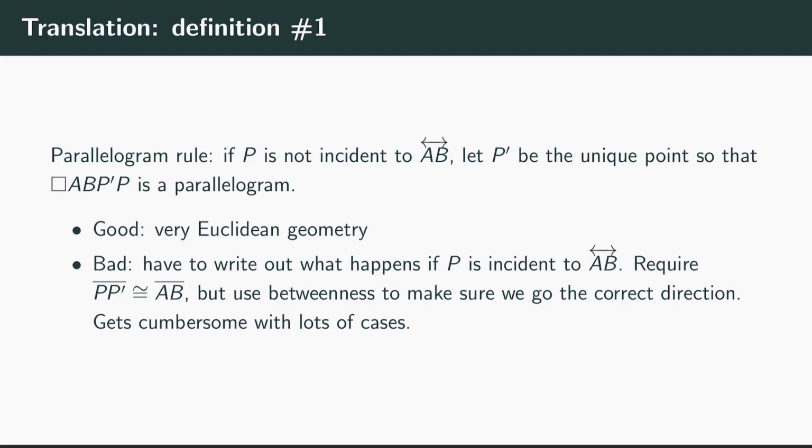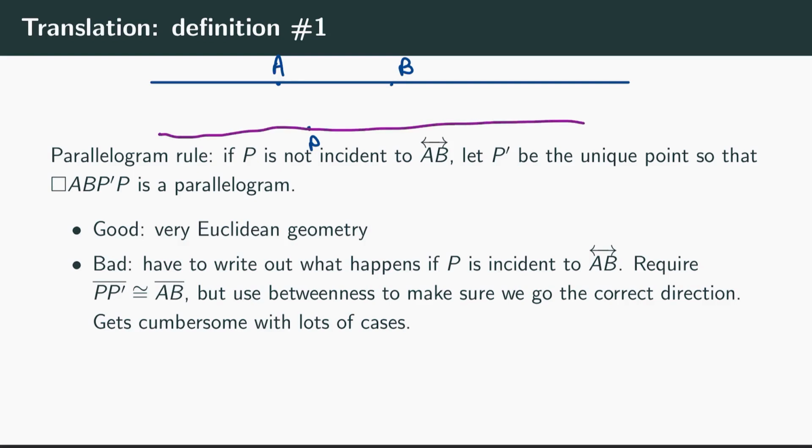If I have a line AB and a point P, then I want to construct a line incident to P that's parallel to AB.